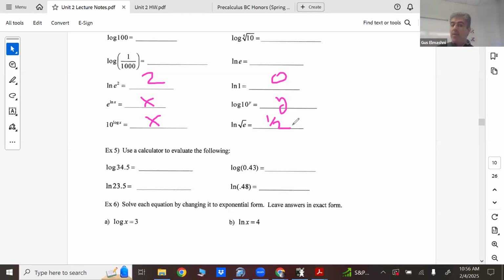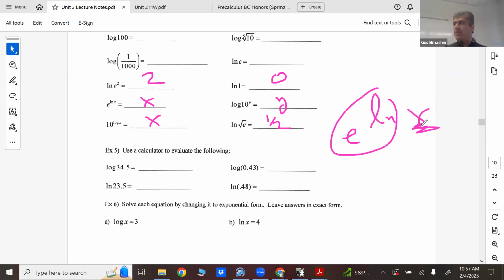Wait, e raised to the natural log of what? What's going to happen is that these undo each other, so you're stuck with this. No, it's x. This would equal 1. Okay, what if I had this here? Then that's 1, because what's ln of 1? 0.